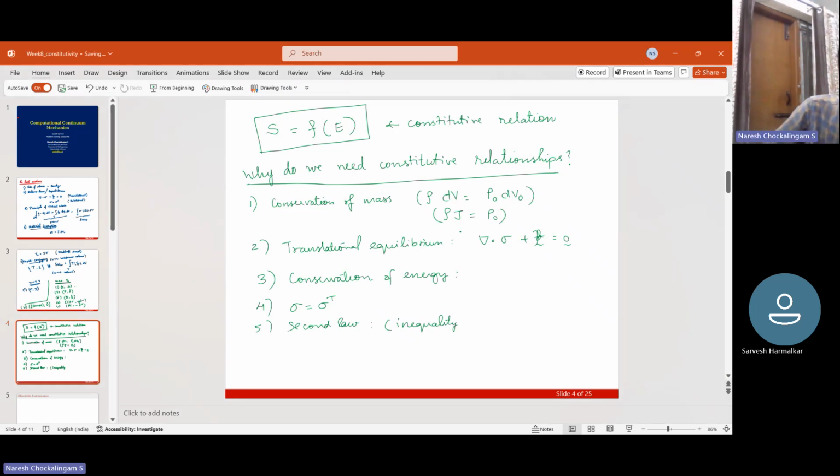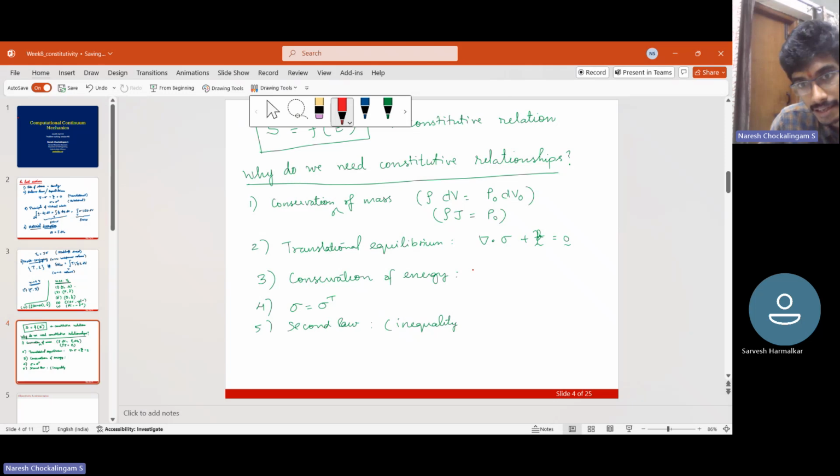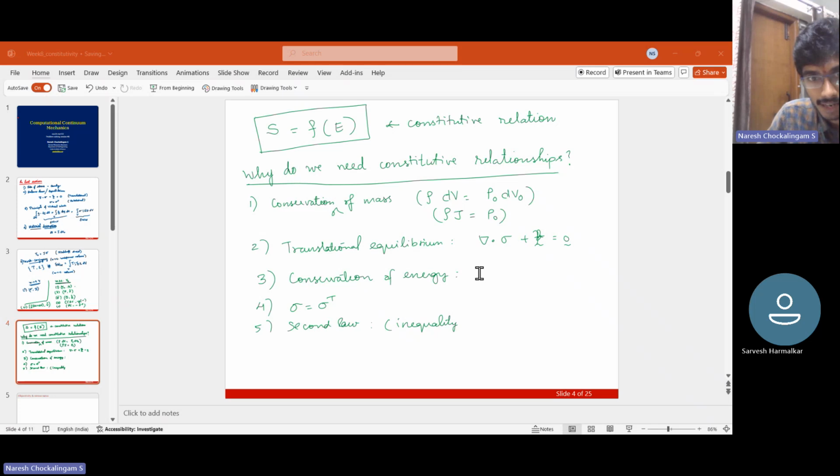For a purely mechanical system, the first law relates the work done to the internal energy.